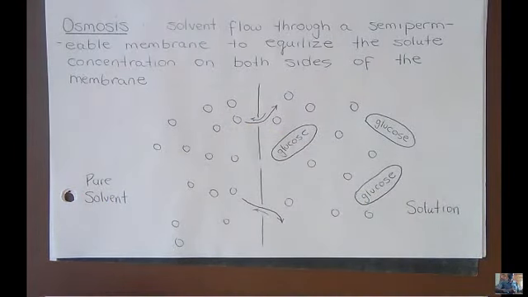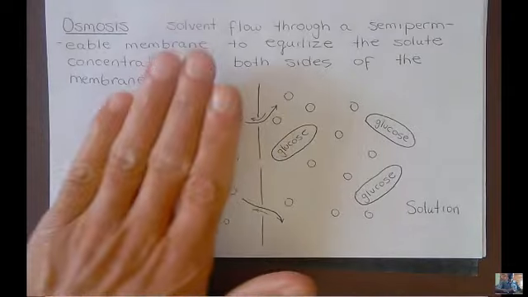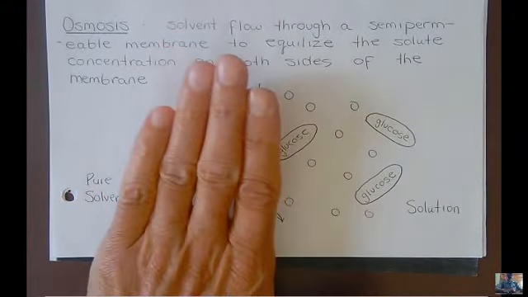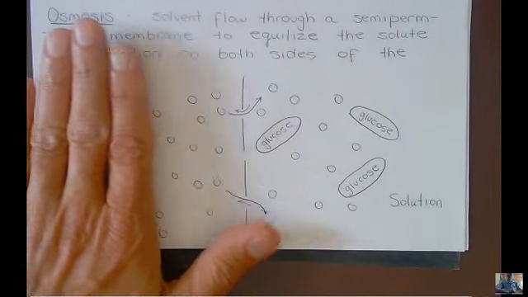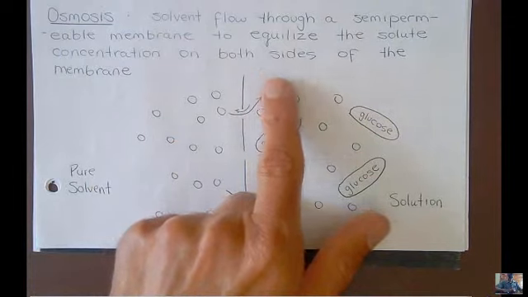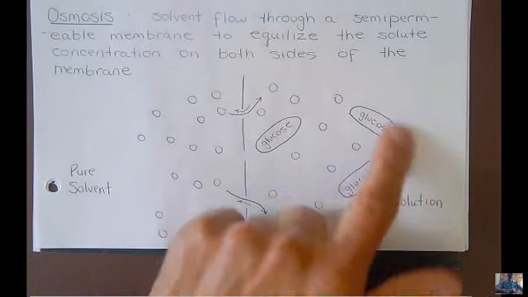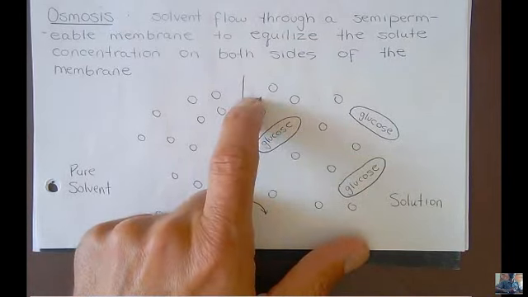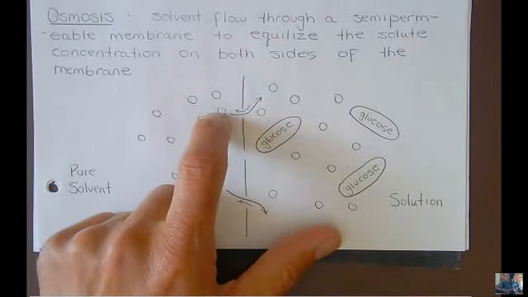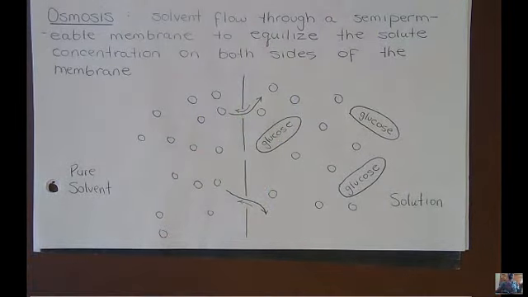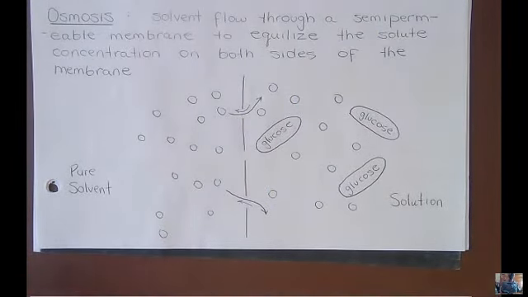So what you have is a situation where one side is incredibly organized. The pure solvent is 100% pure, but the other side is not pure at all. It's kind of a mess. It has sugars dissolved in it. Since the sugars can't get through the membrane, only the water molecules can. We do have this tendency in nature to equalize everything. We hate it when one thing is perfect and the other thing is a mess.